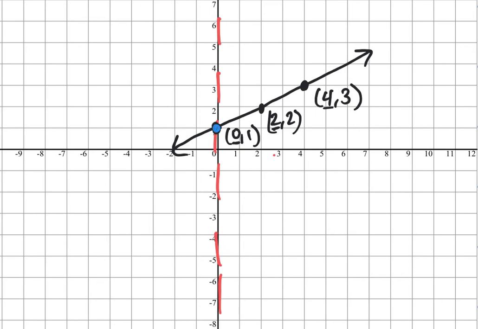Put a dot right there. 2, 2 is going to change into what? -2, 2. So it's going to be right here. 4, 3 is going to be -4, 3. So it's going to be all the way over here. So we just reflected this graph over the y-axis.